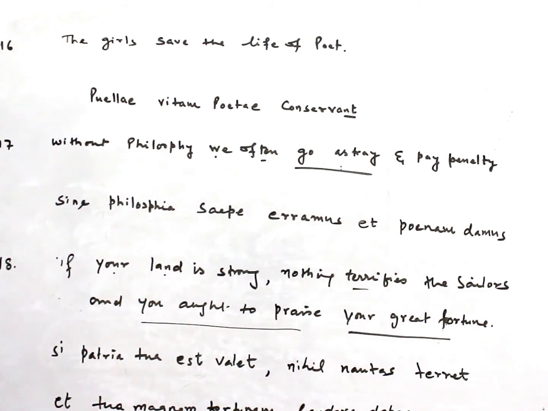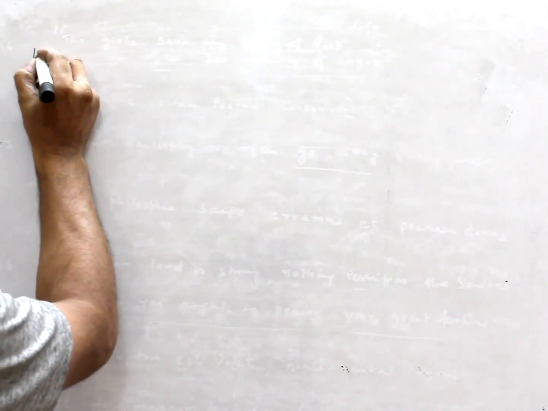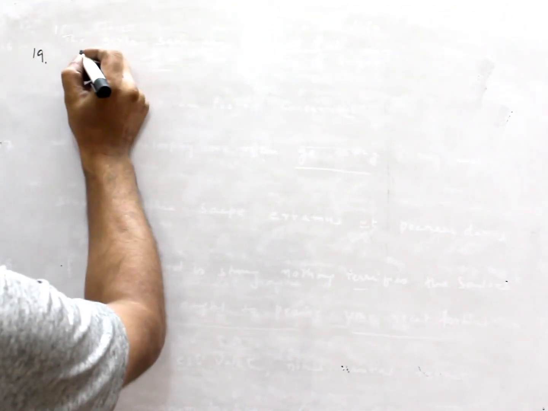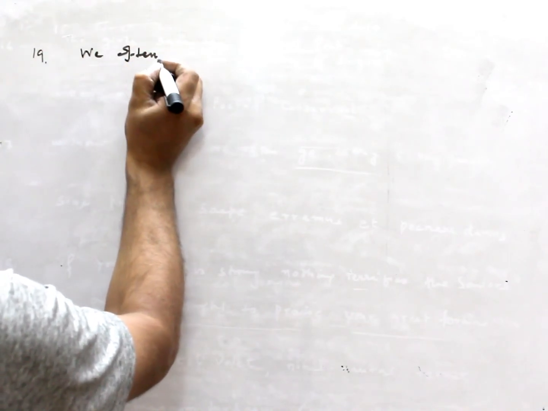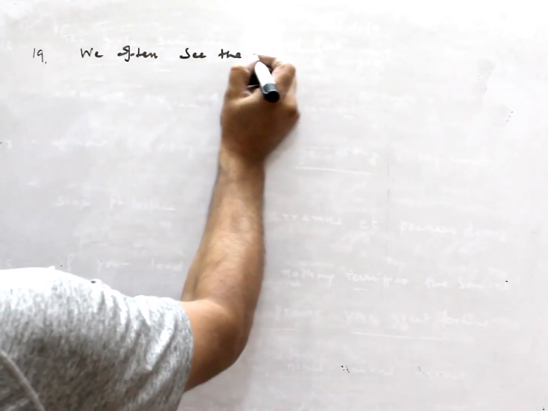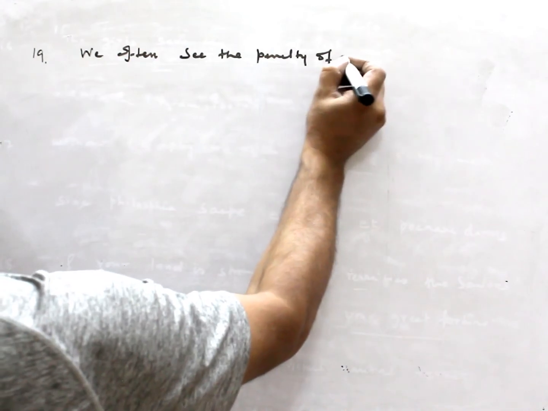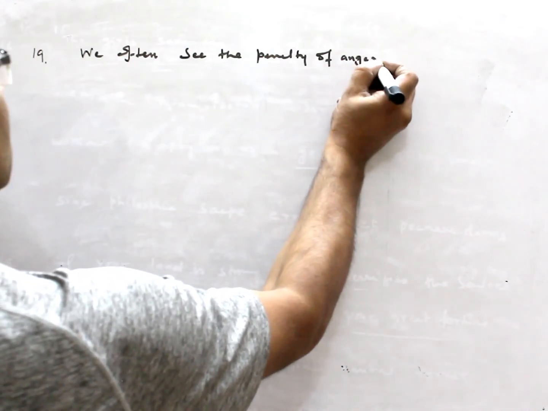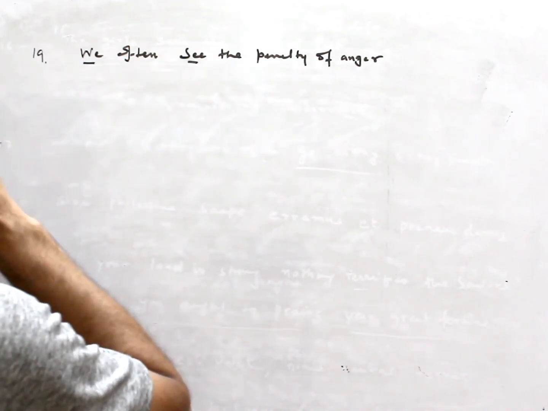Now, the next sentence, 19. We often see the penalty of anger. So we is added to the verb.